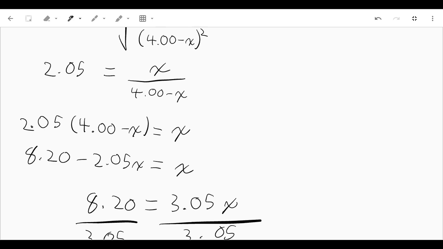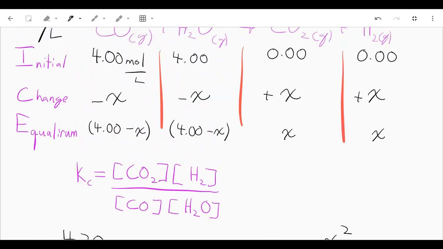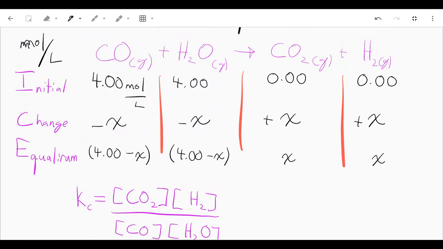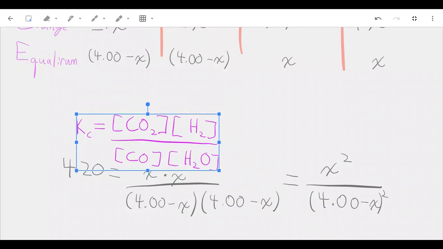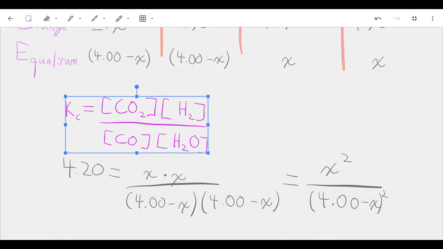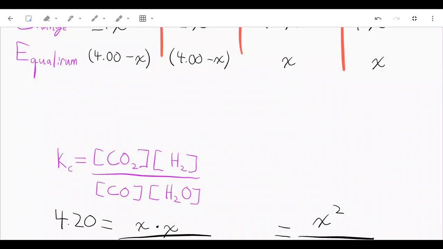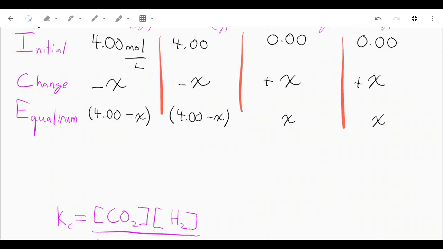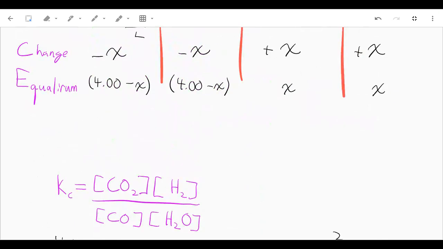Okay, so if we want to bring that all the way back up to the top here, we now know our x value. So we can solve for the values that we want for our final answer. Just going to move this down a little bit so it's easy to write and see. So our value was 2.69.